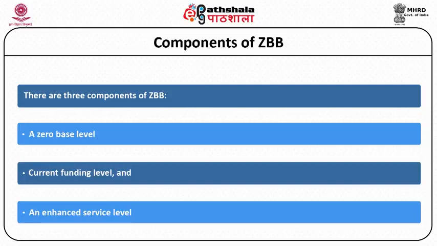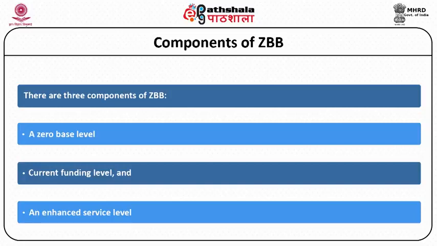Before we really talk about the steps in zero-based budgeting, it is essential to have a look into the distinction between traditional budgeting and zero-based budgeting. Regarding the distinction between the two, we can have the following points into consideration.